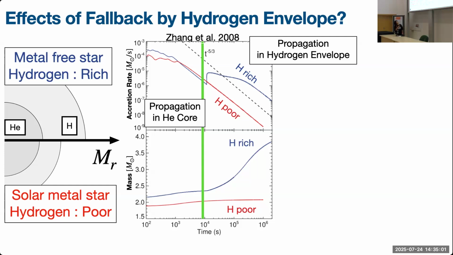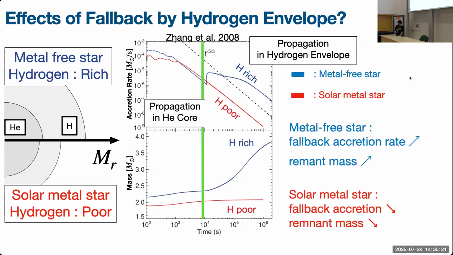Due to this effect, after about 10^4 seconds, the hydrogen-rich progenitor has increased by about 2 solar masses, but the hydrogen-poor red one has not. So the mass is almost the same after 10^4 seconds.